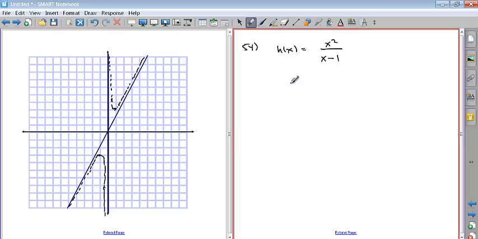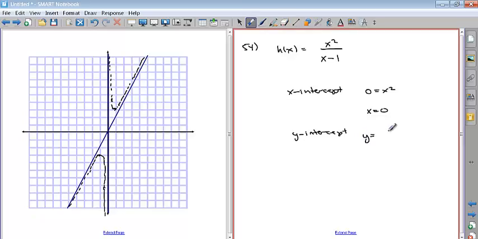So here we have the x-intercept is going to be where the numerator is equal to 0. So that happens when x equals 0. The y-intercept is when you set x equal to 0. So it's the y value.